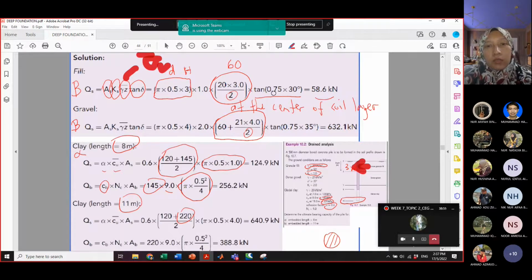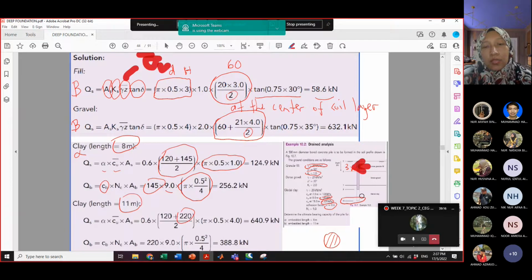Okay, tangent 0.75 times 30, these all come from the question. Then, the pile is a single pile, but it is embedded in 3 different types of soil. The first layer is the granular fill, the second layer is the dense gravel and the third layer is the clay.